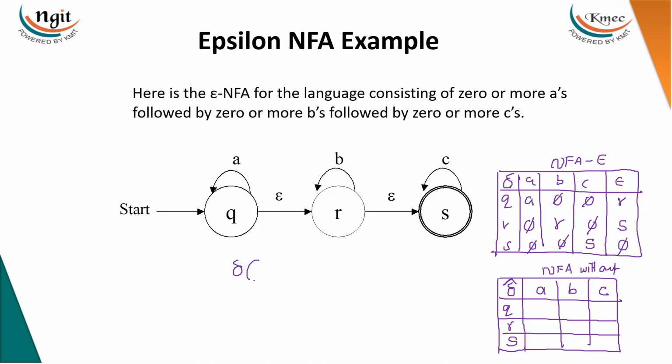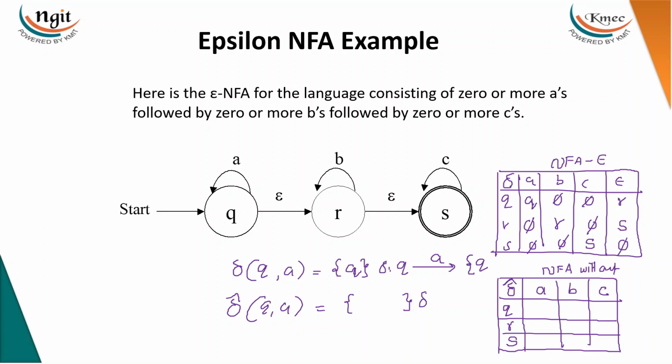Now, transition of Q comma A: after removal of epsilon, if I read A on Q, where should I go? That I have to find. On Q, if I read A, I am going to the state Q. This is a transition, but for the extended transition, on Q if I read A, where should I go?